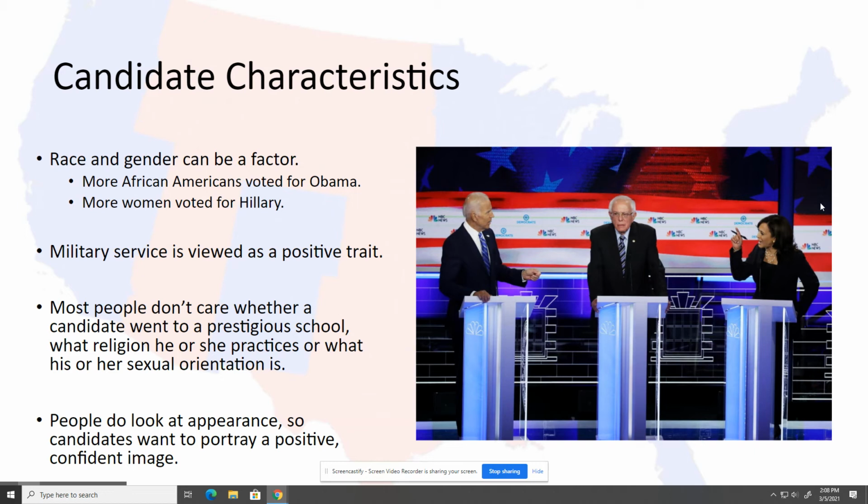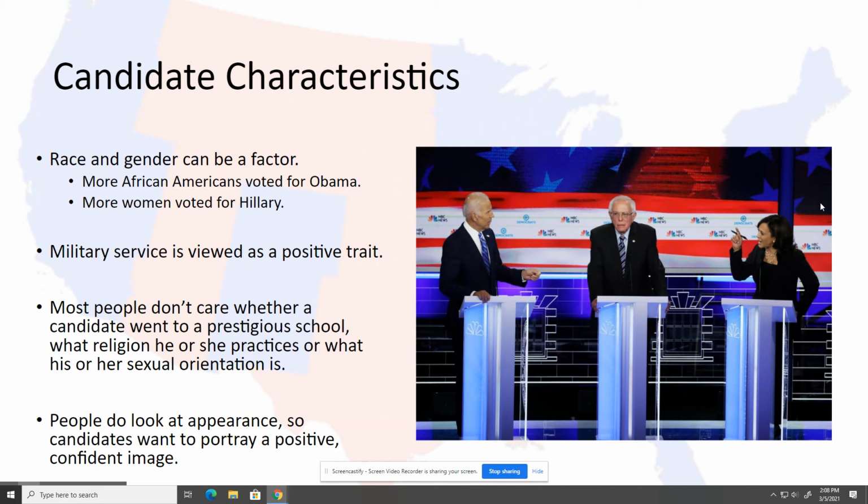So if a candidate formally served in the military, generally people are going to look at that as a good thing. Most people aren't going to care whether or not a candidate went to some sort of prestigious school or what religion he or she practices or what his or her sexual orientation is. So in general, people are more concerned with their policy views than their background.